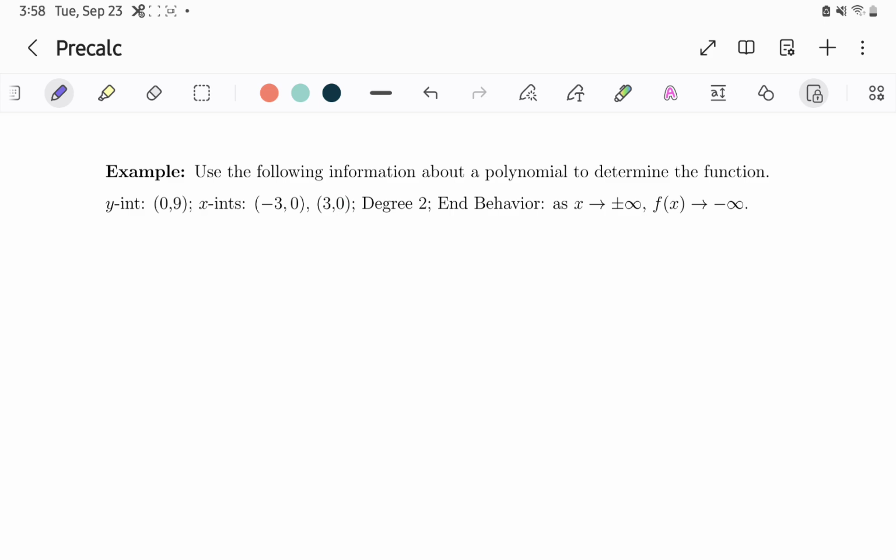And it is going to be a degree 2 polynomial function. And we are told that the end behavior is that as x goes to plus or minus infinity, f of x is going to go to minus infinity. So that tells us that the leading coefficient is going to be negative.